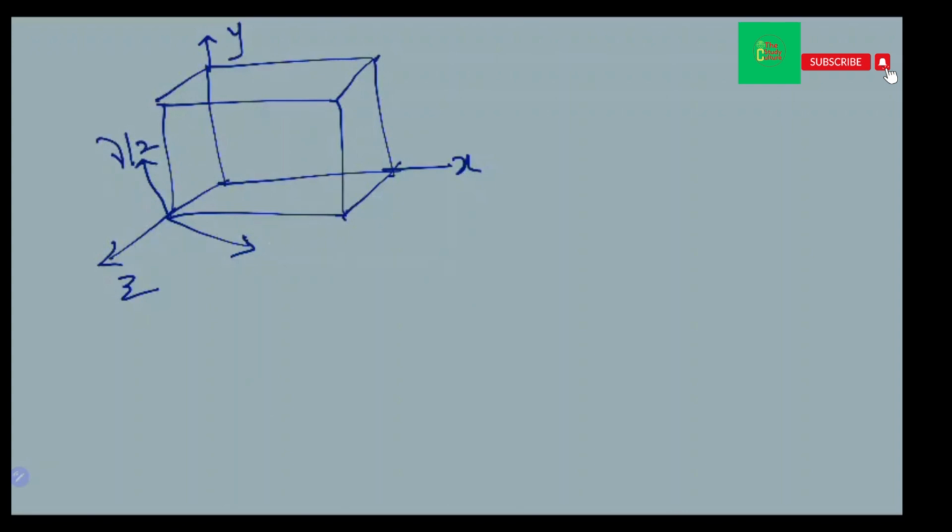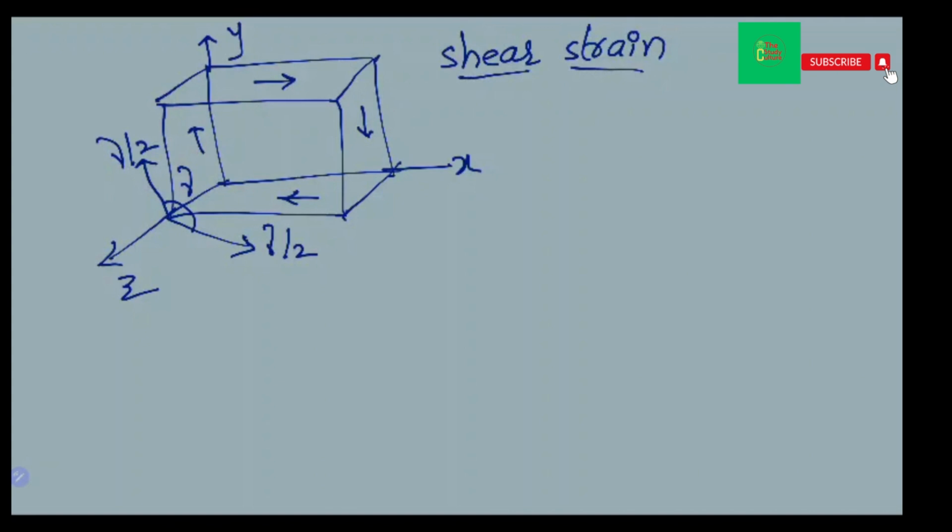radians. This angle is y, and these are the shear forces. For shear strain, angular distortion between two mutually perpendicular planes.